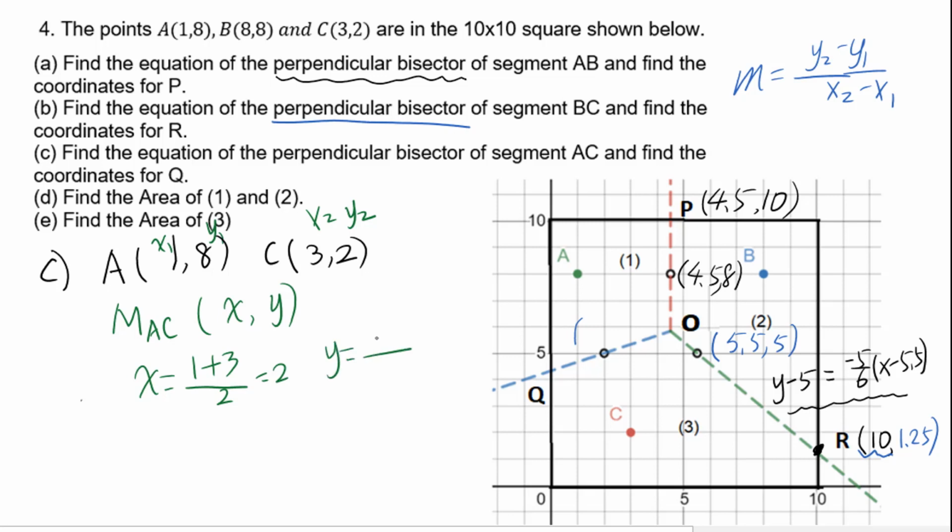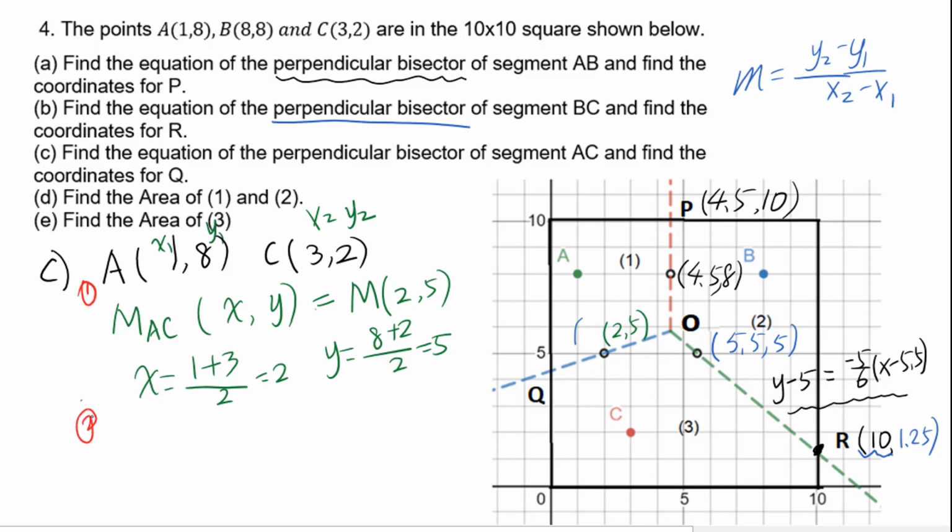Y equals (8 plus 2) over 2 equals 5. Therefore, the coordinates for the midpoint are 2, 5. This is the first step.